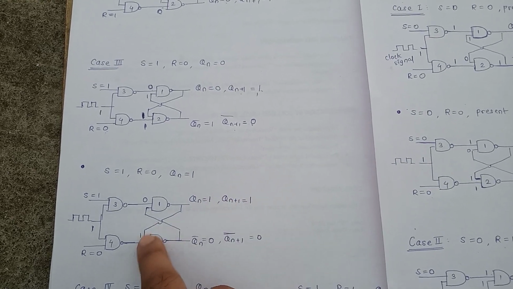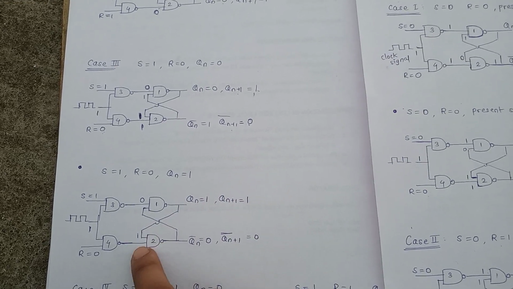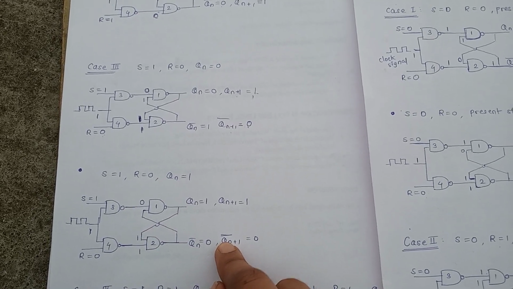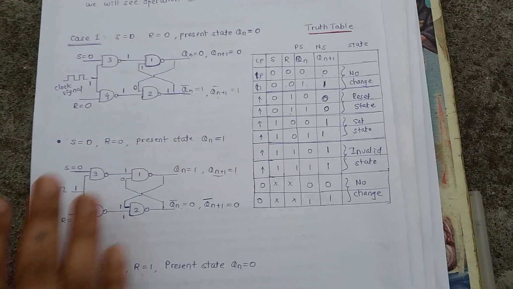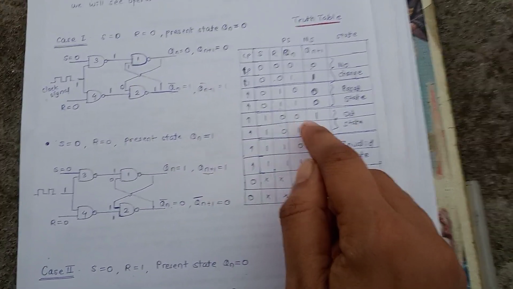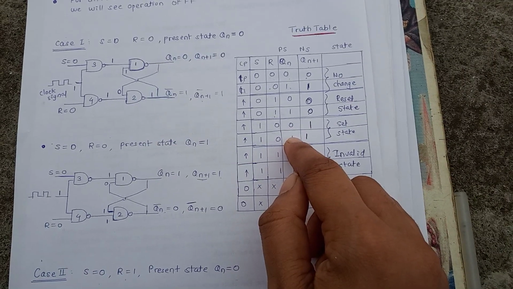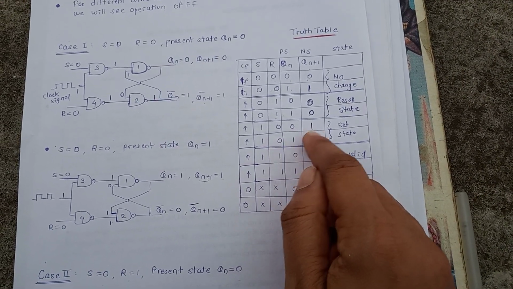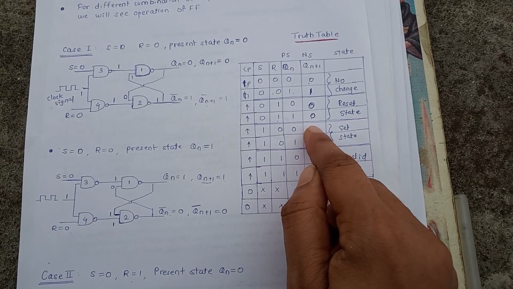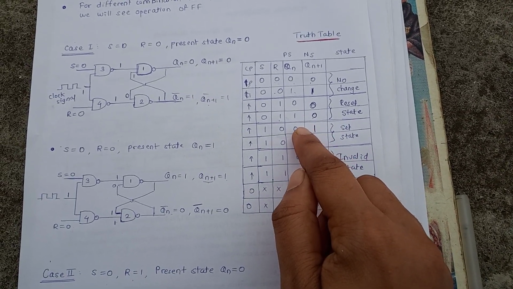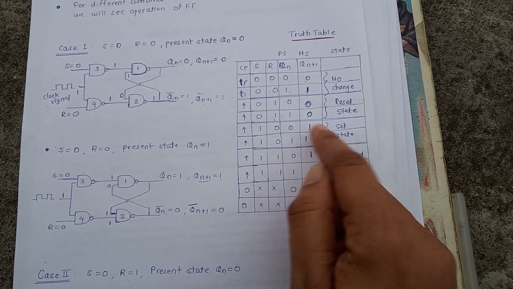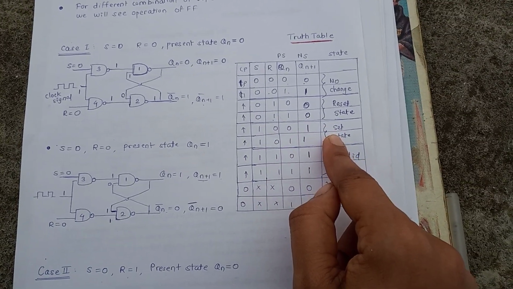Now this is given to the NAND gate, so 1 1 produces output 0, which is nothing but Qn+1 bar. So update the truth table according to that. So 1 0 Qn equal to 1 produces output 1. From these two rows we can say that this state is set state, because for both cases, for Qn equal to 0 and for Qn equal to 1, it produces next state as a 1. So this is a set state.